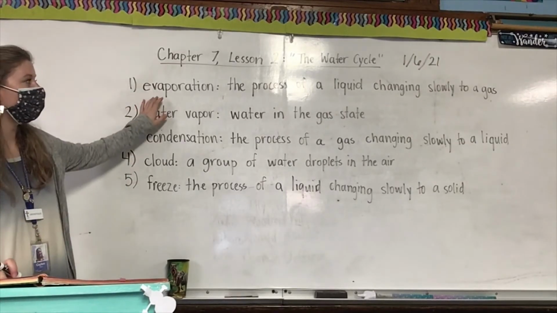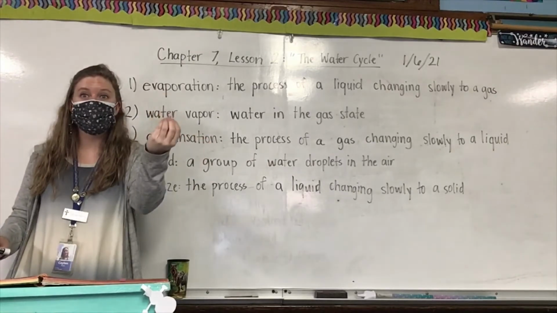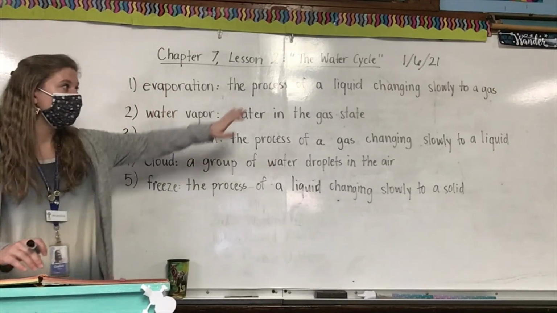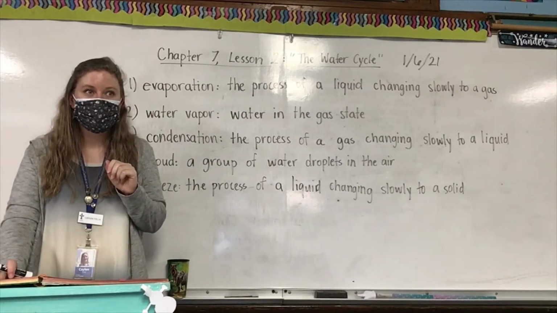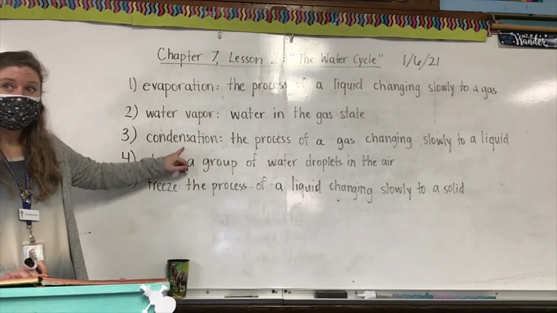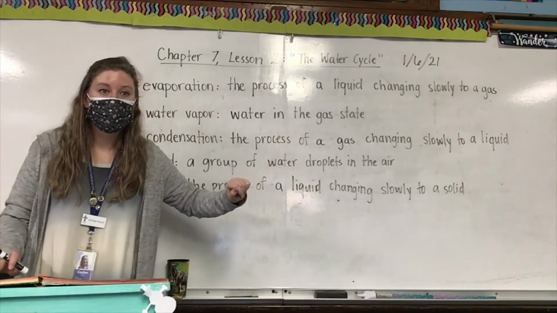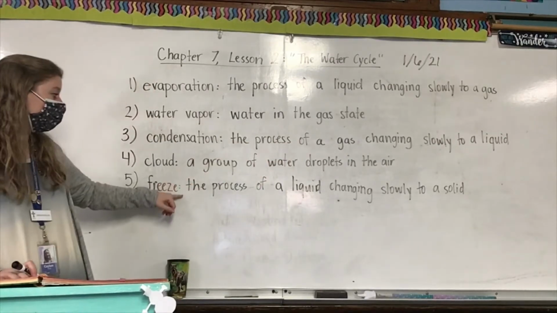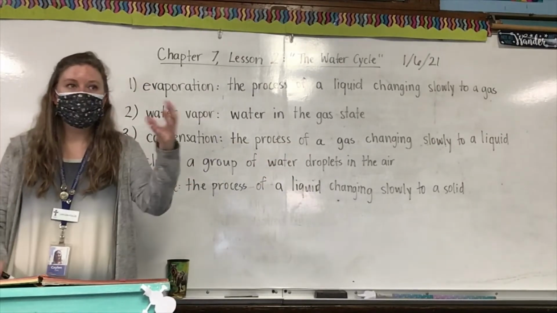So we know evaporation is when that liquid, it starts as a liquid, it heats up, it changes to a gas. Then it's a gas, but then it cools down and it changes to a liquid. Now it's a liquid, but it cools down even more and it changes to a solid.